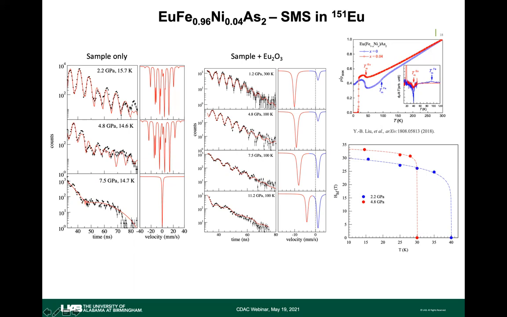The europium 3+ impurity phase is contributing to these oscillations. We also used a standard europium oxide 3+ standard to determine the isomer shift. Under pressure, we saw again the isomer shift is pushed toward the 3+ state continuously.